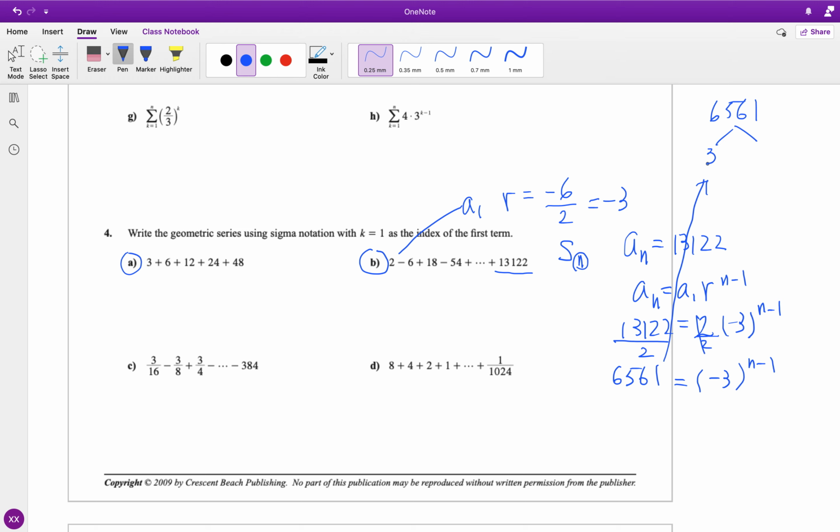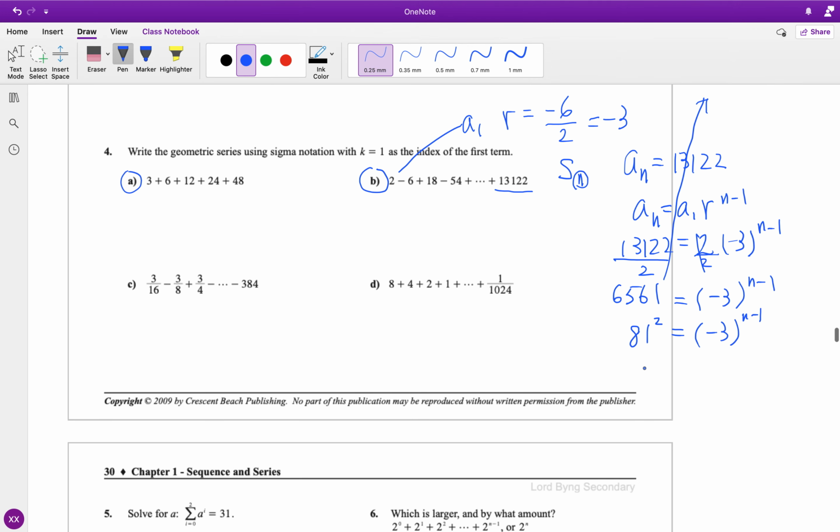Use your calculator, 81. Oh, you understand this is 81 to the power of 2. We're not there yet, but with 81 right away, you know 81 has 3 as a factor. So let's be a little bit patient here.